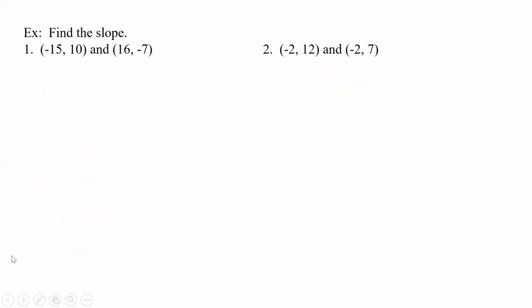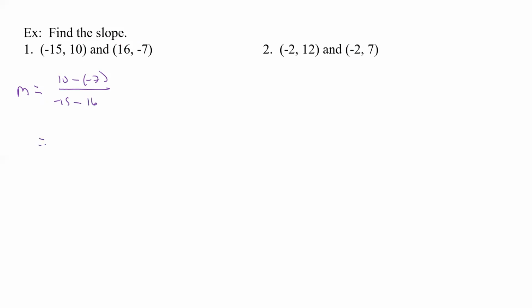All right, here we're going to find slopes again. So we're plugging in our values into the normal slope formula. So our m is equal to, now again, it doesn't matter, let's say we take 10 here minus a minus 7 over, now we have to use a minus 15 minus, and it's going to be a 16.